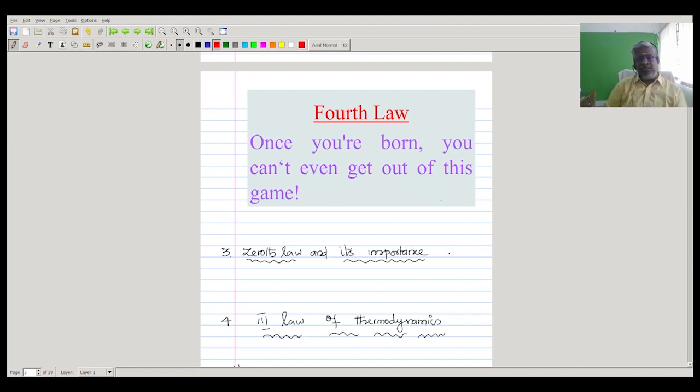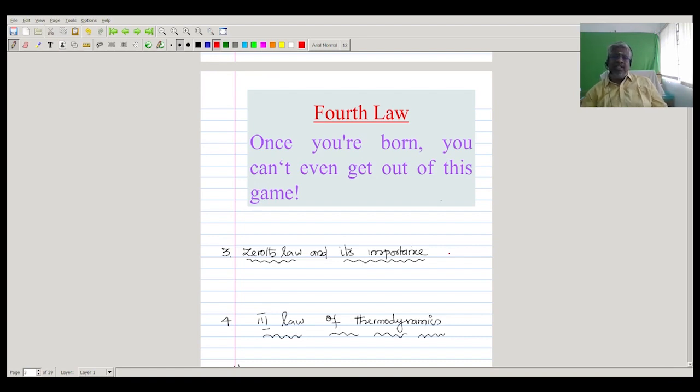Then the third law of thermodynamics. The third law of thermodynamics is also telling the same thing as our business law, that attaining that optimum as per the second law of thermodynamics is impossible. That is what the third law of thermodynamics is explaining.